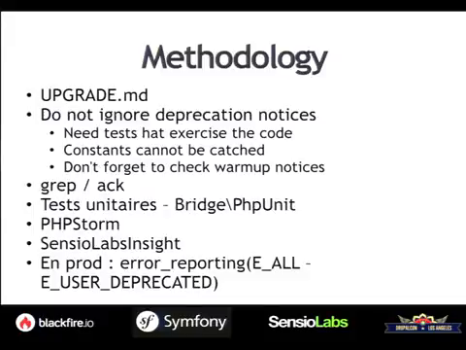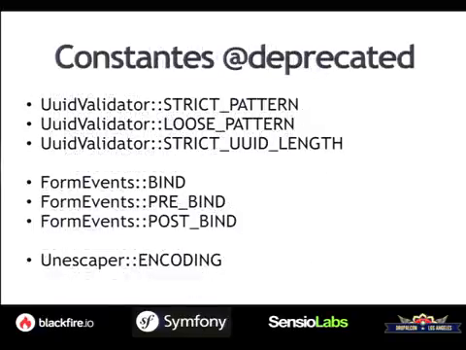If you do not have tests for some features, we won't be able to tell you that you have problems. One thing is that we cannot give you any information about deprecated constants, and we have some of them. I'm not sure if you are using those. You should not, but those should be done by hand.